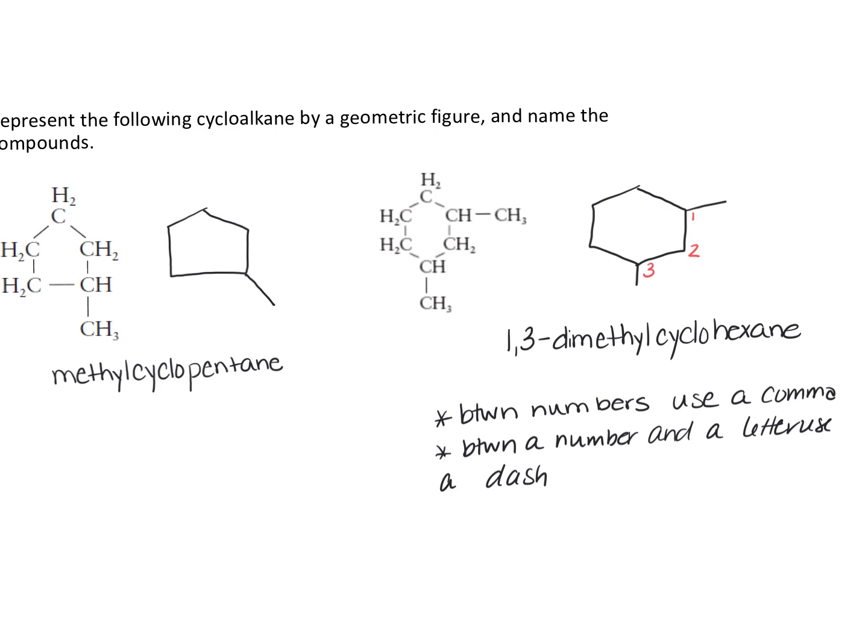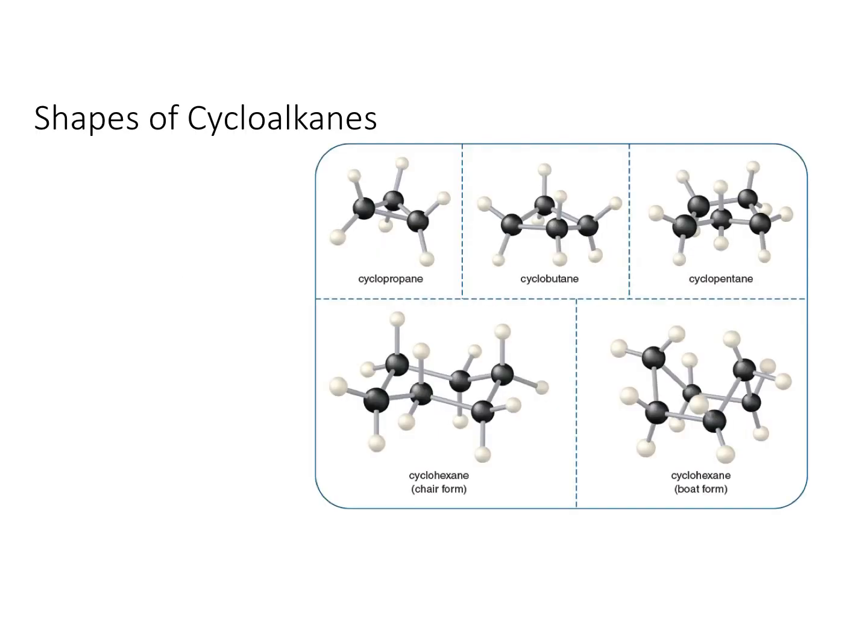Now, remember from a previous screencast that carbons give us a tetrahedral orientation. Bond angles of 109.5 degrees are really characteristic of carbon atoms that form 4 single bonds.